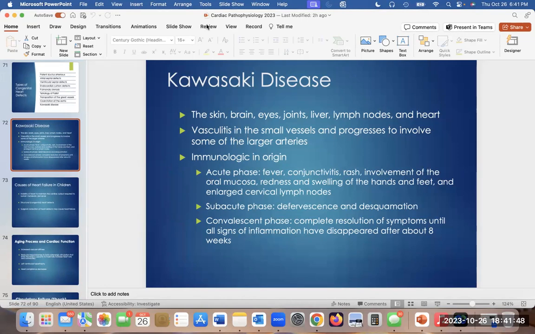It's caused by an immune problem. It causes the vascular beds or the vessels to inflame, and it's not good. That's why we have fevers and rashes and redness on the hands and feet and things like that.